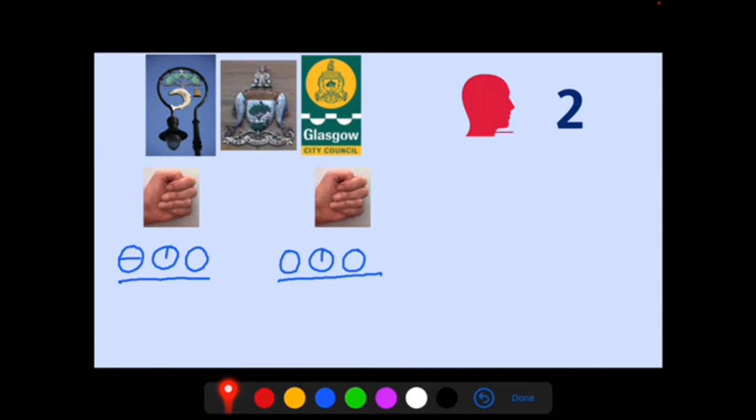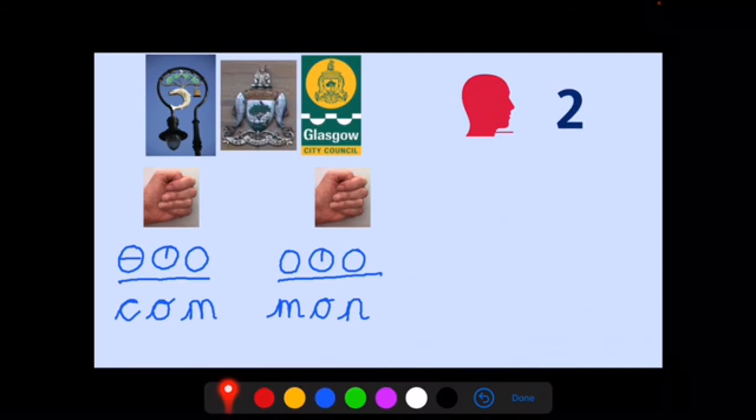If it's followed by O, I know to use the letter C. K, O, N. Common.